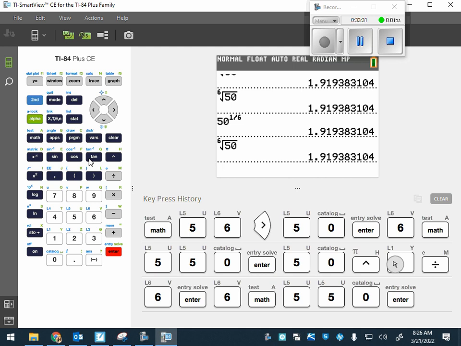For B, it's the cube root of negative 29. Do you think we will get an answer? Check it out. See if we do. Did we get an answer?